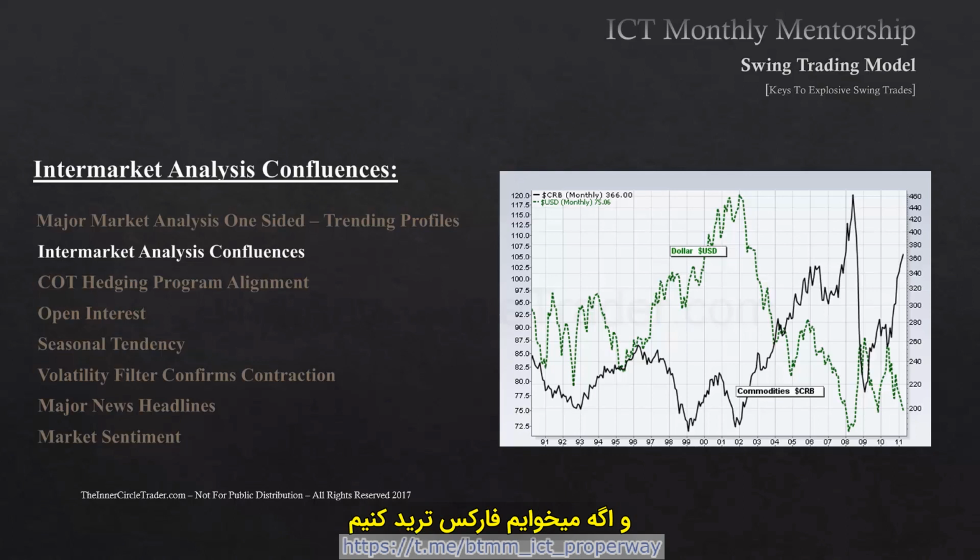And if we're going to be trading Forex, if we're looking for the dollar index to be bullish, we would look for commodities to be at levels of resistance, or unable to rally higher, or if they do make a higher high, it fails and goes lower. The commodities would be moving lower very easily or trending lower in that environment when the dollar is bullish.